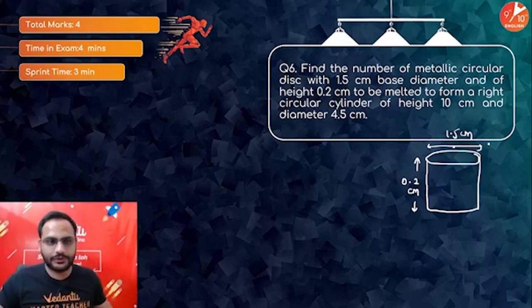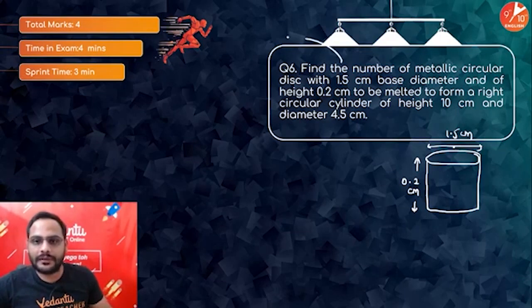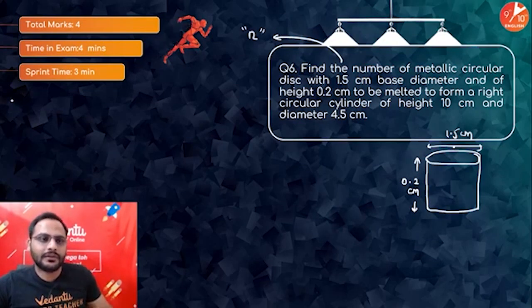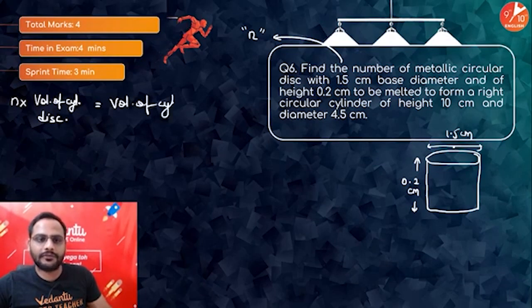So bachcho, I have told you that suppose the number of metallic circular discs which need to be melted is n. So n times the volume of a cylindrical disc will be equal to the volume of the new cylinder formed.